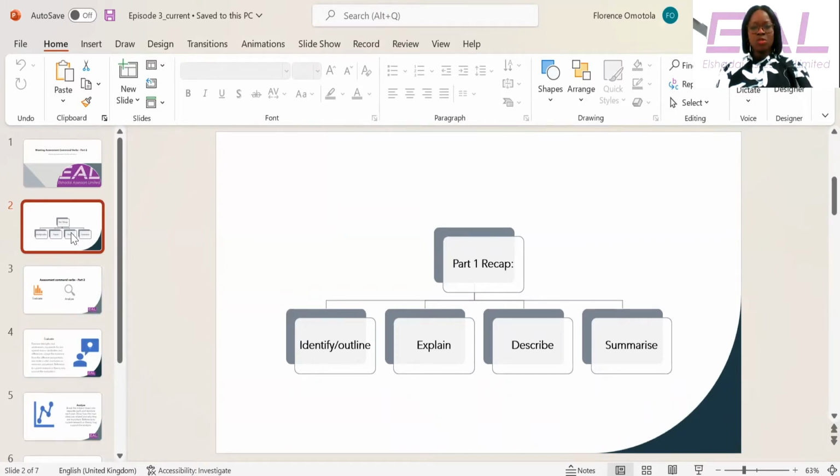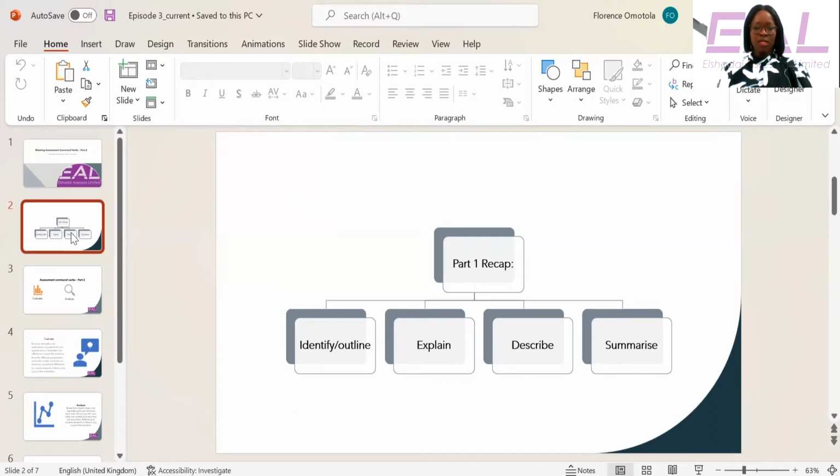That description is what makes it different from list. When you're asked to list something, you just name it. But identify or outline means you are recognizing the main point accurately and providing a bit of information about it. Just a one-line sentence would do.